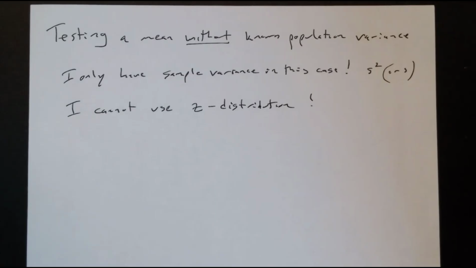If I can't use Z, I'm back in the same boat I was with confidence intervals. When I was building a confidence interval and all I had was the information from the sample, I used T instead.